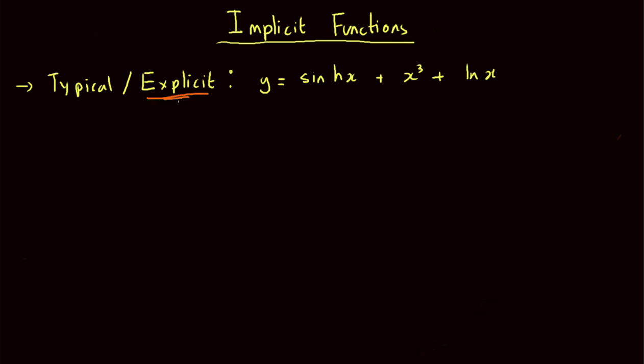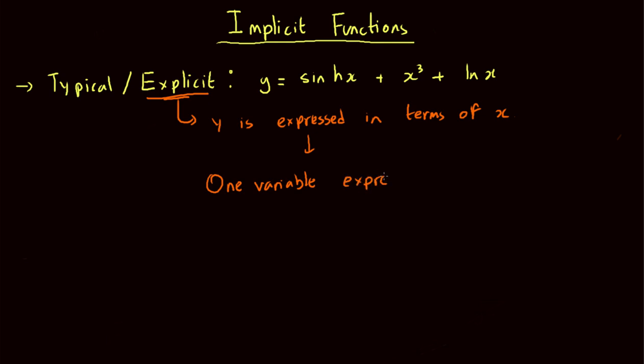Because we know that y is expressed in terms of x. So one variable is expressed in terms of another. That is the generic idea of explicit functions.